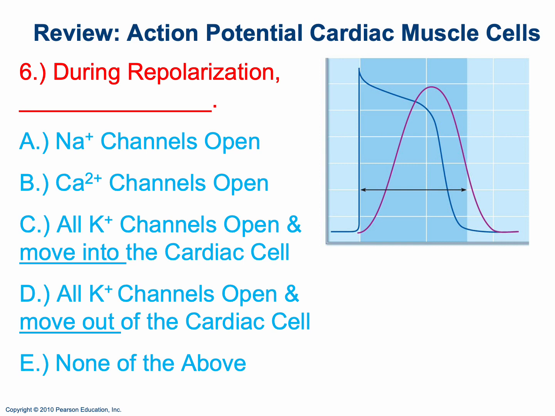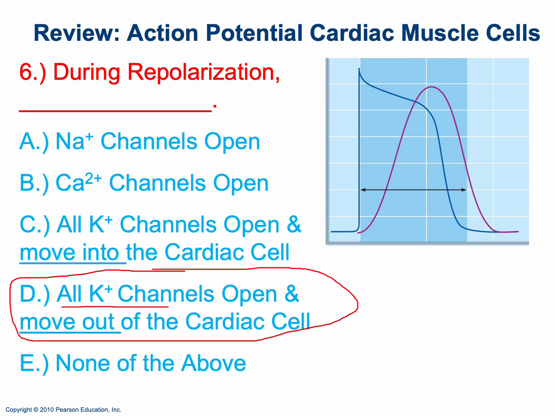Okay, and the correct answer here would be choice letter D. So all potassium channels are open, all those voltage-gated channels are open, and the potassium moves out of the cardiac cell. That's the correct answer. And of course, repolarization would be right here.